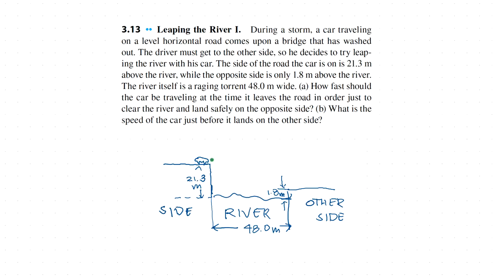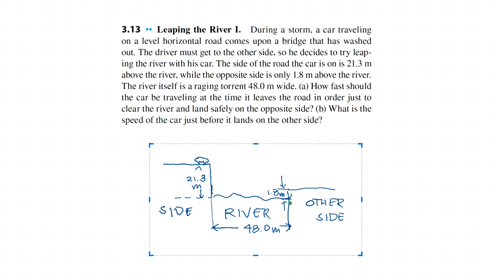However, makikita natin this is an example of a problem na yung object is moving without angle. So, the initial velocity is just in the horizontal direction. So, given yung displacement on one side, itong displacement na to, with 21.3 meters relative to the river, and ito yung other side, 1.8 meters relative to the river.